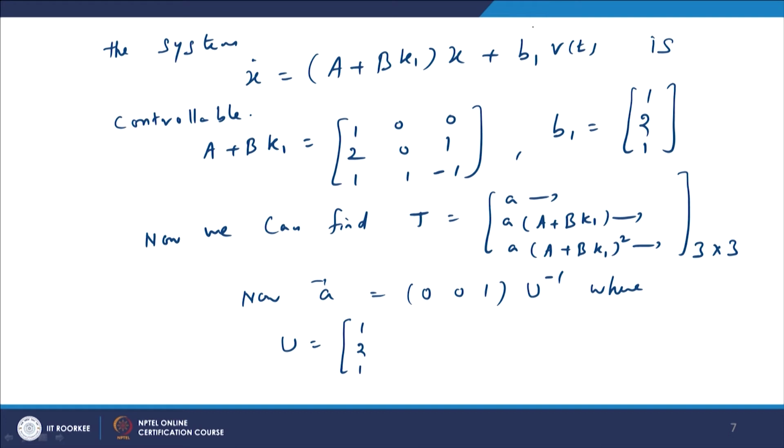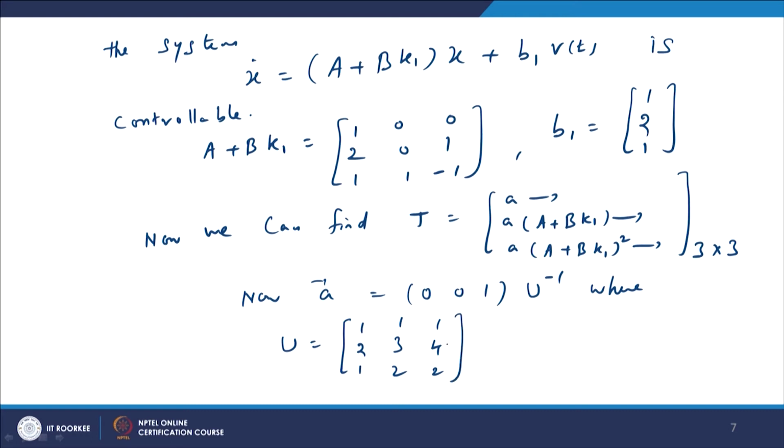In this system the control matrix is B1 and A plus B K1 into B1, etc. We will get A plus B K1 multiplied by B1 giving 1 3 2, and A plus B K1 square into B1 will give the element 1 4 2.